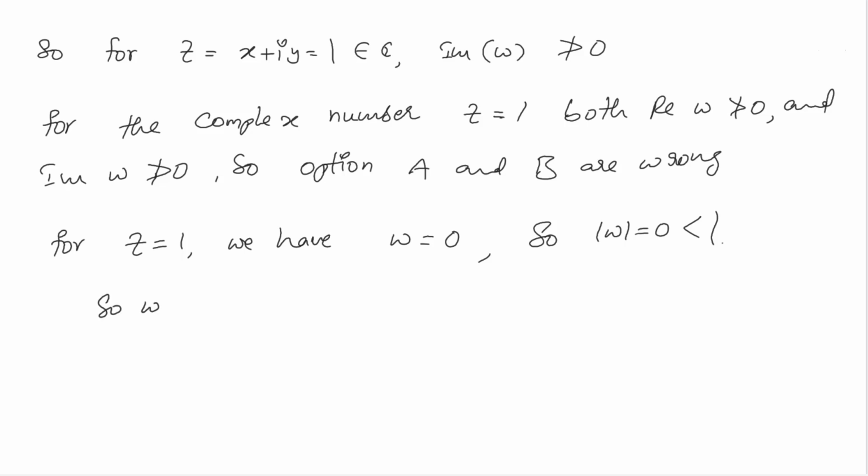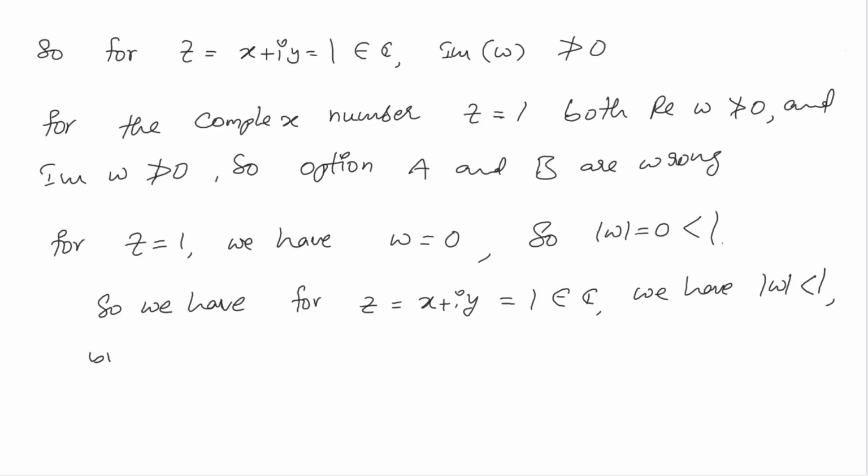So for z equal to x plus iy, that is 1, we have mod w less than 1, but mod w is not greater than 1 for this complex number.